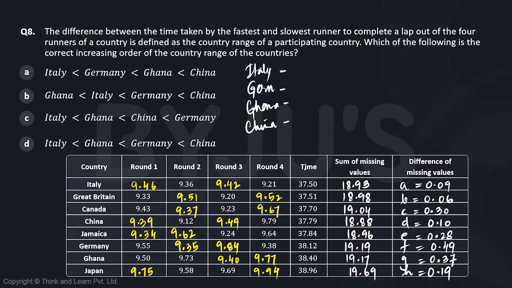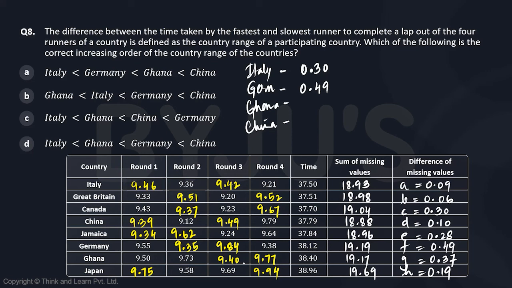So let's look at Italy. For Italy, the difference is 9.51 minus 9.21. That's the fastest and the slowest runner for Italy. So the difference is 0.30. For Germany, the fastest runner is 9.35 seconds and the slowest runner has taken 9.84. So the difference of 9.84 and 9.35 is going to be 0.49.